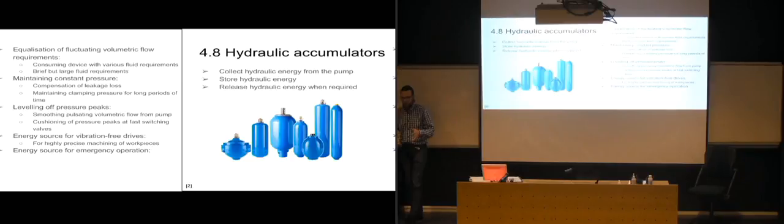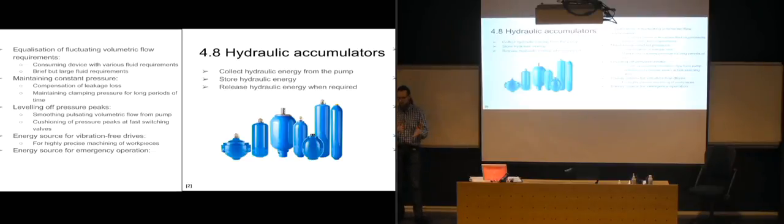It's a combination. It can store pressure energy, but it can also store fluid, so that if you have a really large accumulator, you can have quite a lot of fluid flow from it. So you can store a lot of fluid in it under a certain amount of pressure, according to what the accumulator has been designed for. And then you can release this hydraulic fluid under the pressure that it's at inside the accumulator.